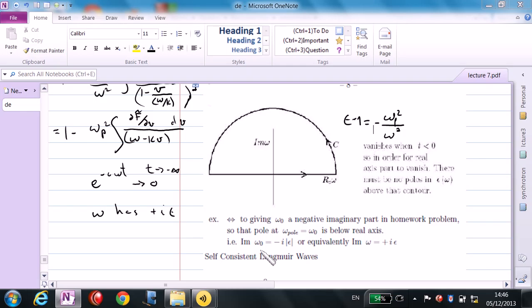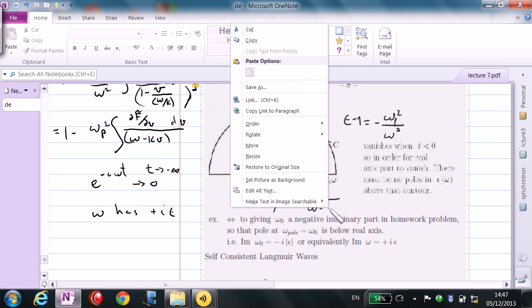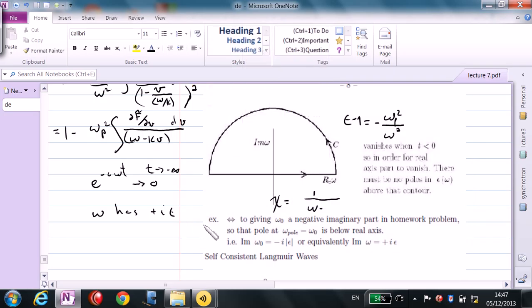If I go back to a natural oscillator, the amplitude in response to a driving force at frequency omega, the polarization, is proportional to 1 over omega squared minus omega naught squared, right?